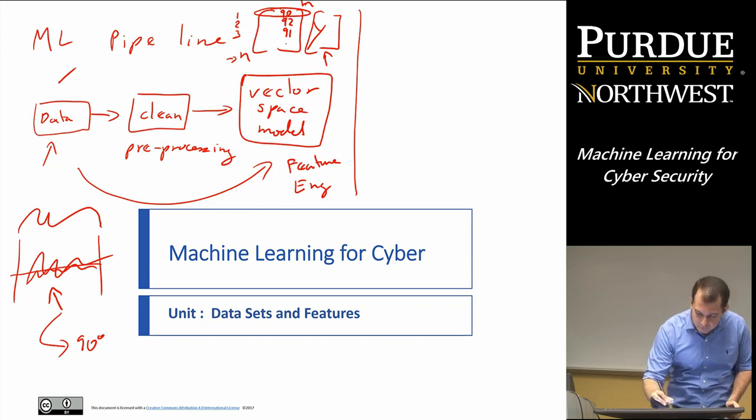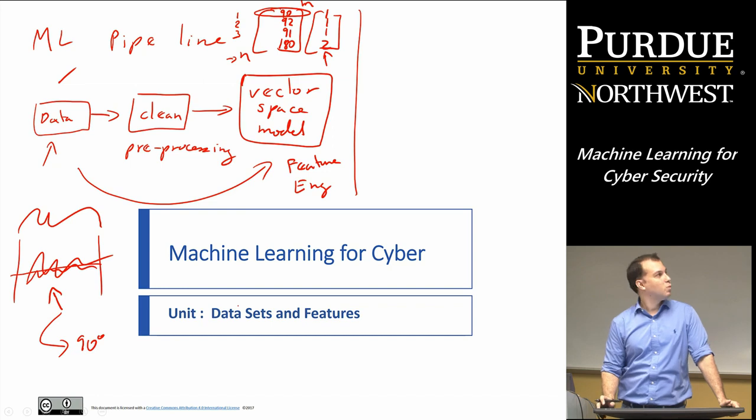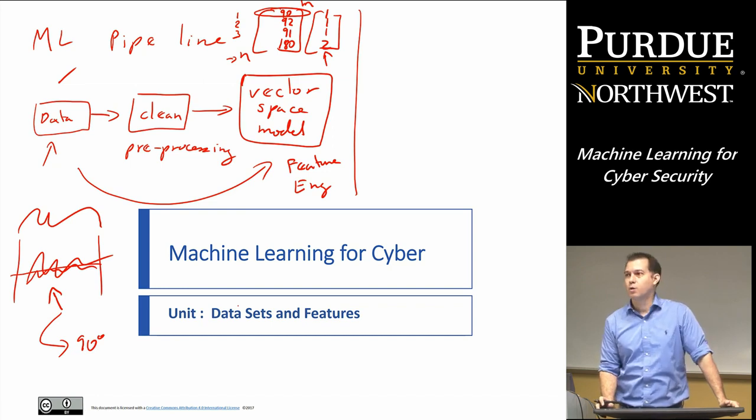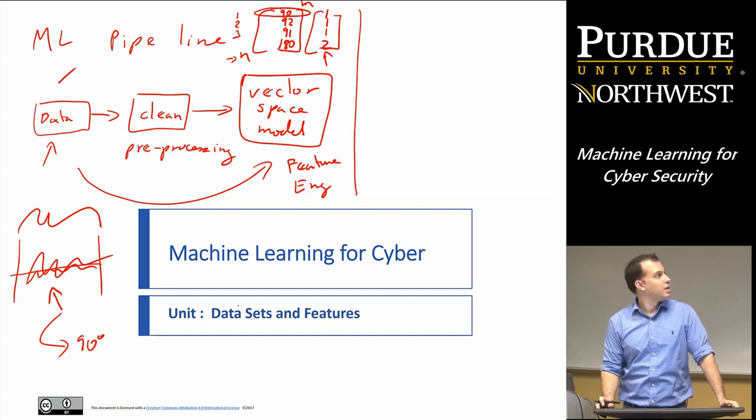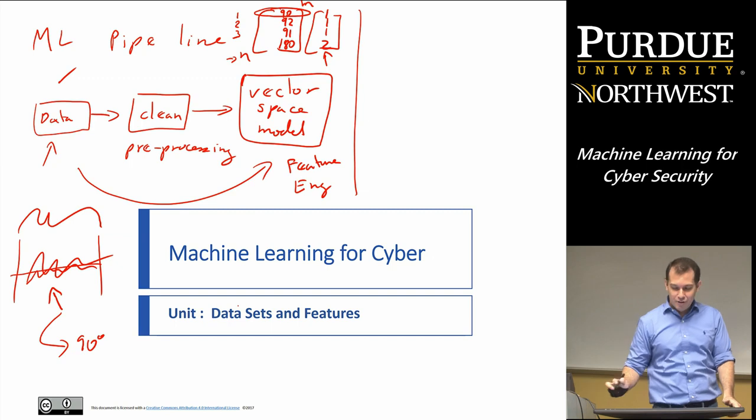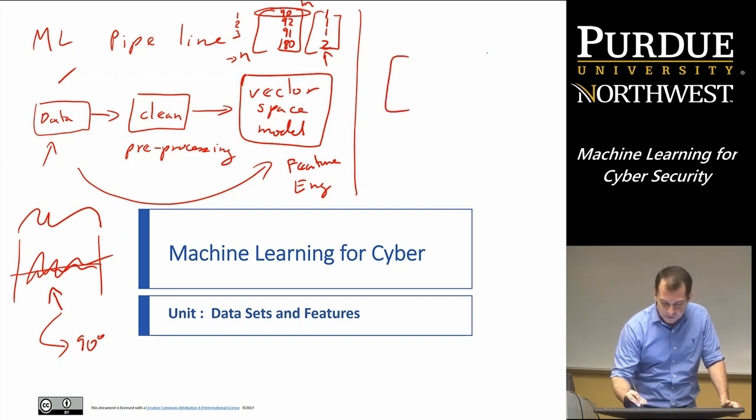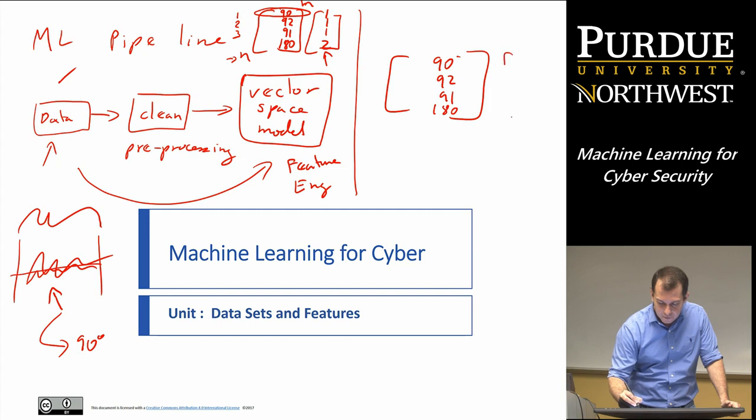Now, if you see something like 180, and then if you look at the labels, and the labels are 1, 1, 2, what do you think a machine learning algorithm would learn there? Maybe I'll make this bigger. So we're looking at his example. 90, 92, 91, and then I have a 180 here.